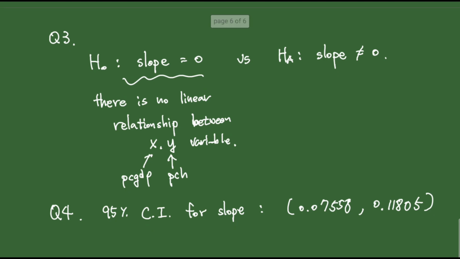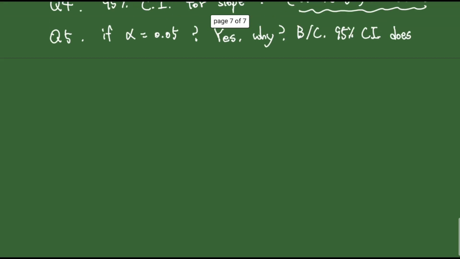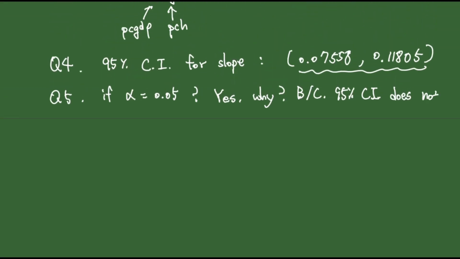Okay, and Q5, if our alpha is 0.05, would you reject the null hypothesis? And the answer is yes. Why? Because this 95% CI does not include 0.